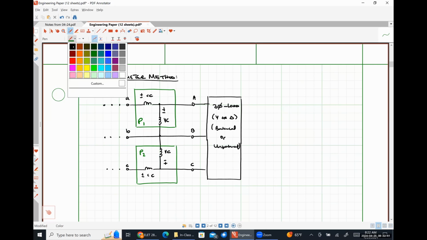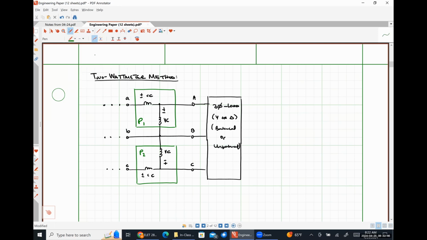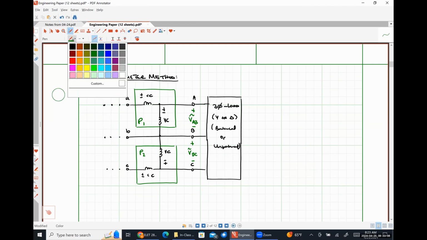So just to be explicitly clear about what our watt meters are measuring, the voltage coil is measuring the magnitude of this voltage VAB, and the voltage coil of watt meter 2 is measuring the magnitude of this voltage VBC.